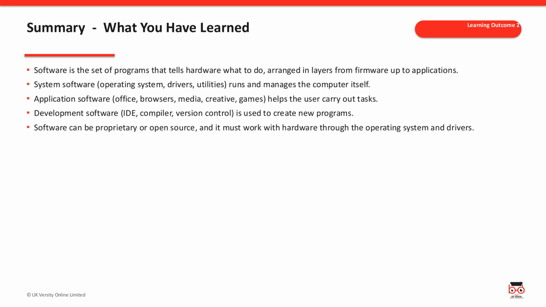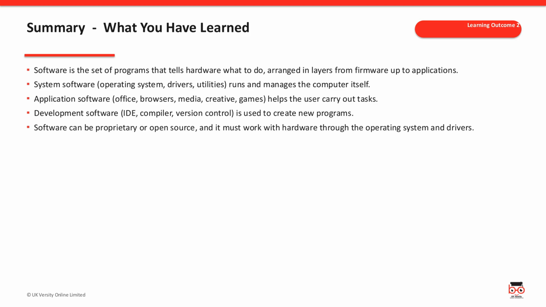Let's bring Learning Outcome 2 together. Software is the set of programs that tells the hardware what to do, arranged in layers from firmware at the bottom up to applications at the top. System software, the operating system, drivers and utilities, runs and manages the computer itself.